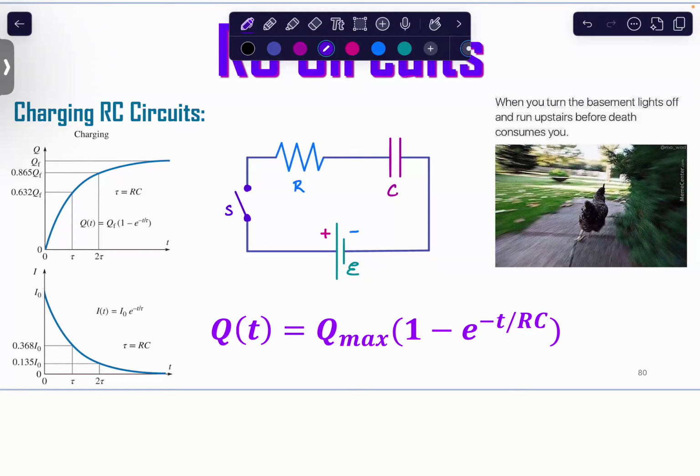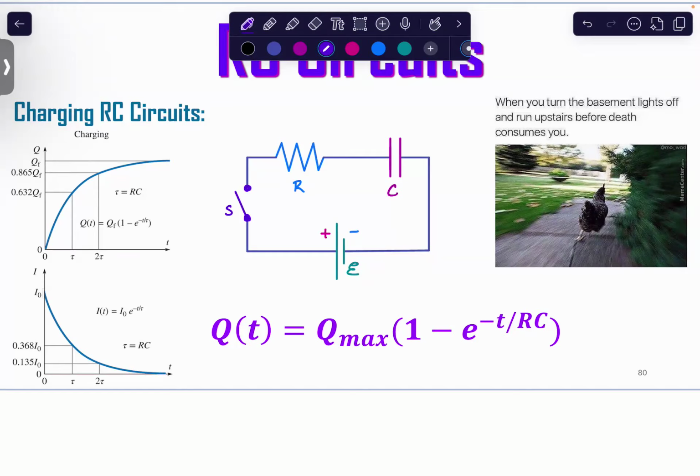You need switches now because initially there's no current running through the system. You close the switch and then the capacitor starts to charge. And you're going to reach a maximum charge of the capacitor. You notice your top graph there is the charging of your capacitor. Your bottom graph is how the current falls off as your capacitor charges.